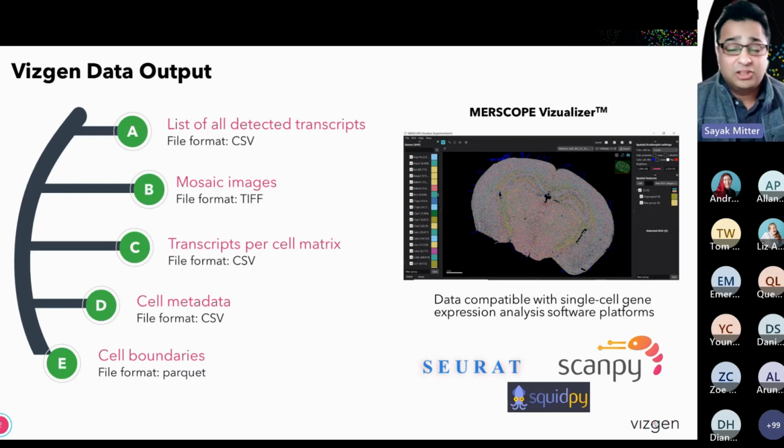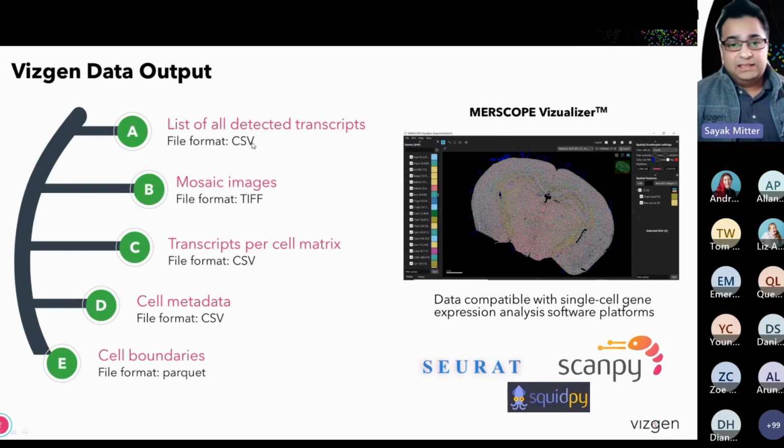Whatever sample you are scanning on the MERSCOPE, you are able to draw multiple regions of interest depending on how much of that area in X and Y you want to capture. For every region of interest that you capture on the MERSCOPE, the data output consists of these files that you see on the left here. Right from the top, you get the list of detected transcripts that comes out in a CSV file.